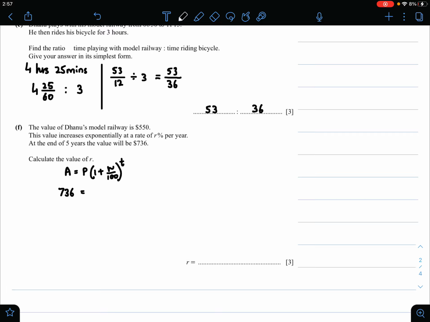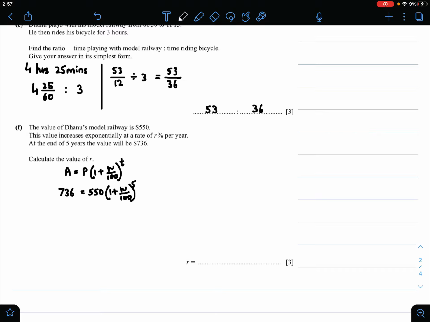The value of Dhanu's model railway is $550, that is the current value. So 550 multiplied by 1 plus R by 100, because we need to find R, so we leave R as a variable, and raised to t, the number of years, which is 5.